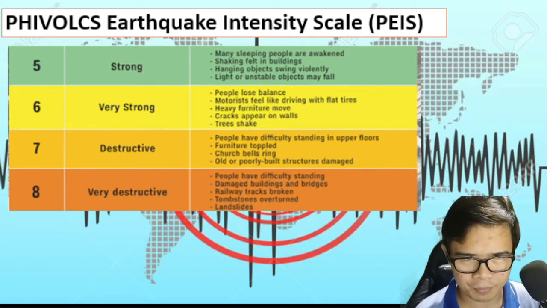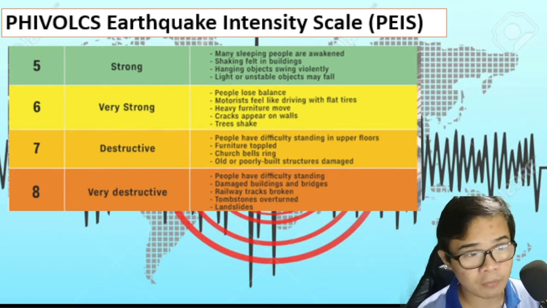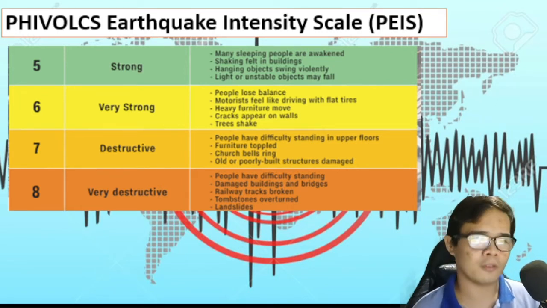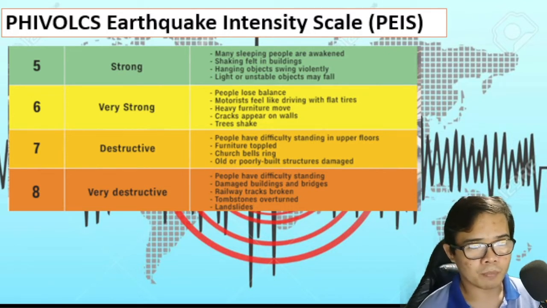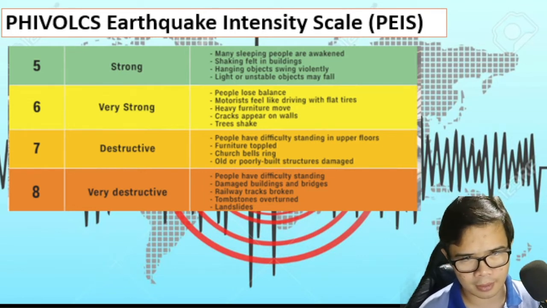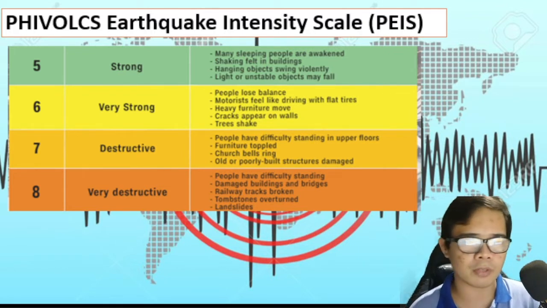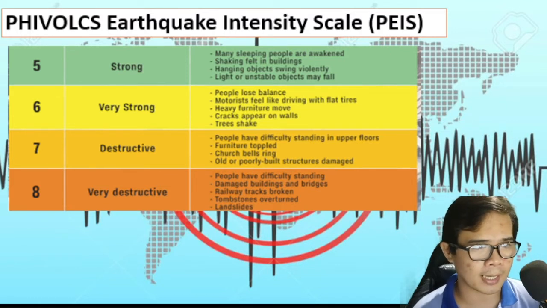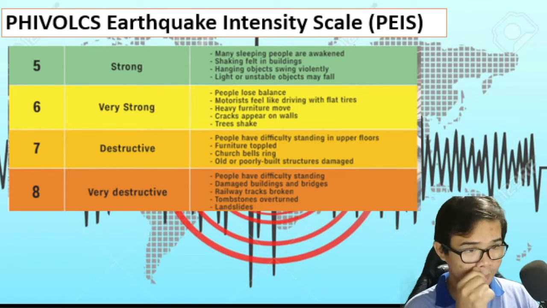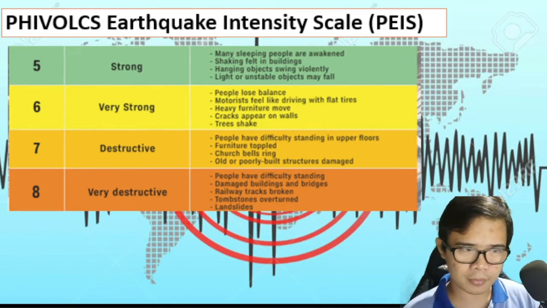They wake up. Shaking is felt in the buildings, of course. Hanging objects swing violently, and light or unstable objects may fall. So that is what happens. You feel the earthquake, but it is not as destructive as the next. It swings violently, and even if you are sleeping soundly, you will wake up.